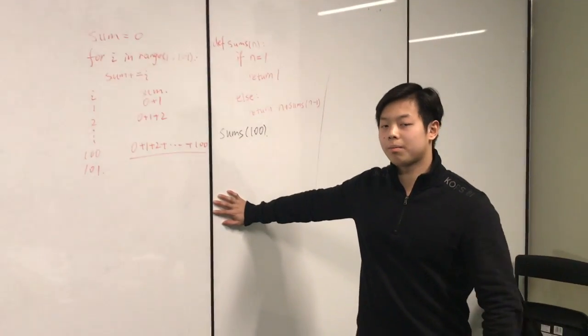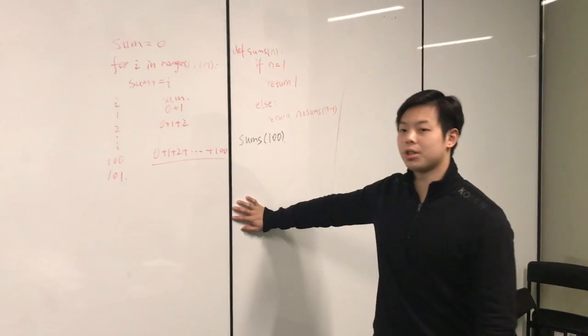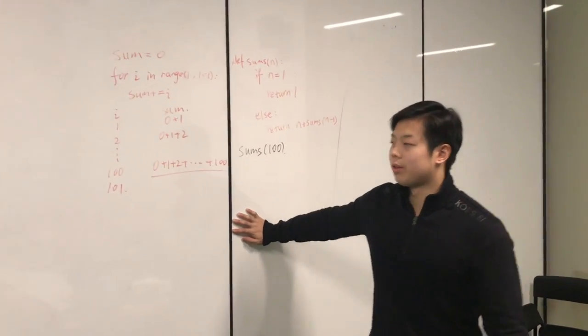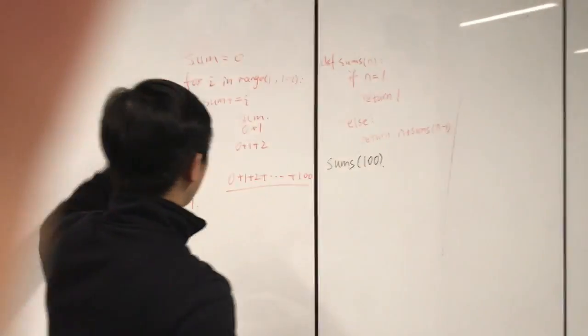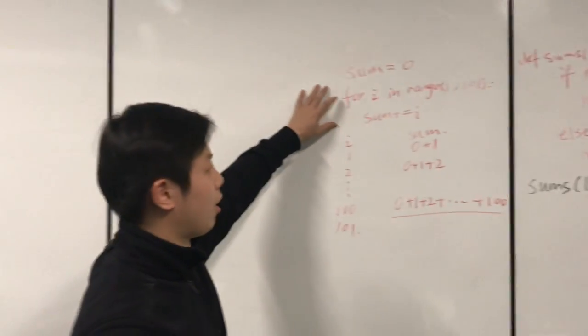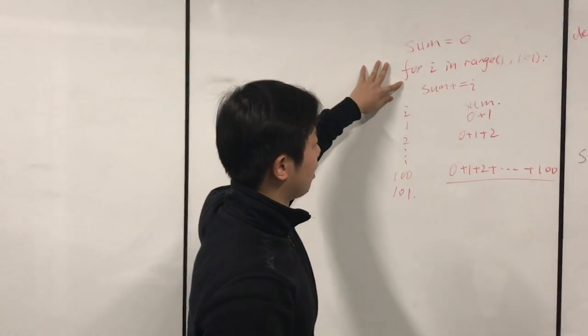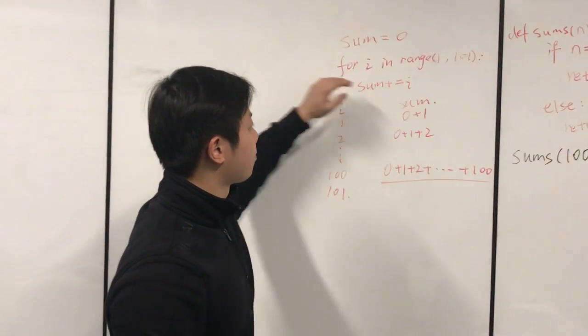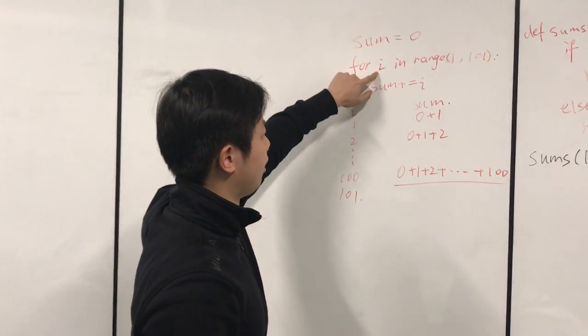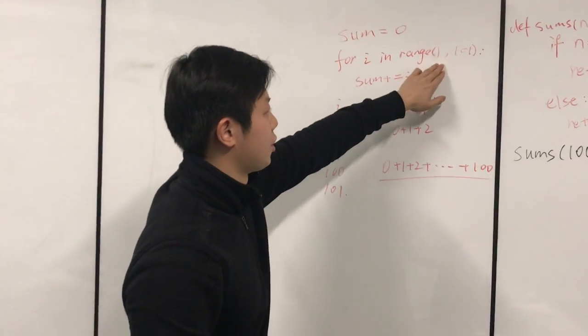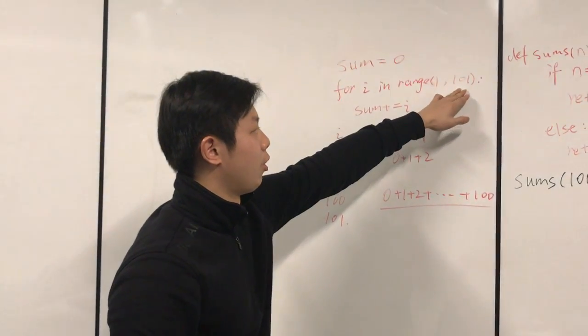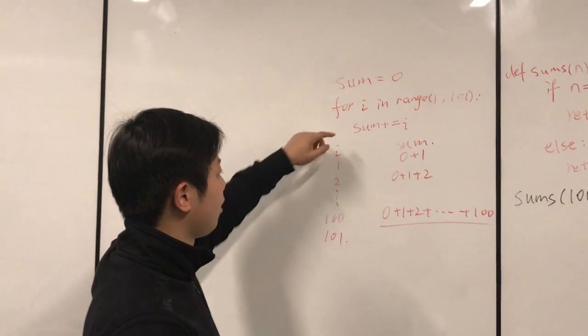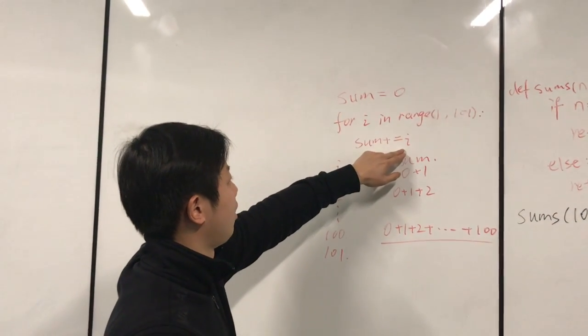Let's calculate the sum from 1 to 100. For the for loop, you have your basic sum, and you have a for loop, and after the for are your restrictions. So let's have an index i ranging from 1 to 101 exclusive, and you add i to the sum each time.